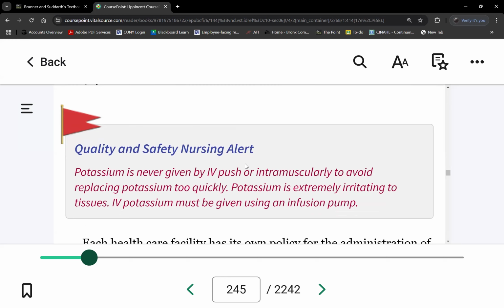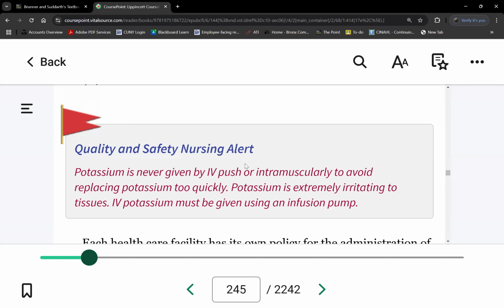In fact, potassium doesn't come in any other concentration except 10. They do not come in 20 mEq bags. They come in big bags of 40 mEq per liter, but that's per liter, meaning you have to consume 1 liter to get 40. And we're not giving that bag over 1 hour. That's an infusion over 4 to 8 hours.